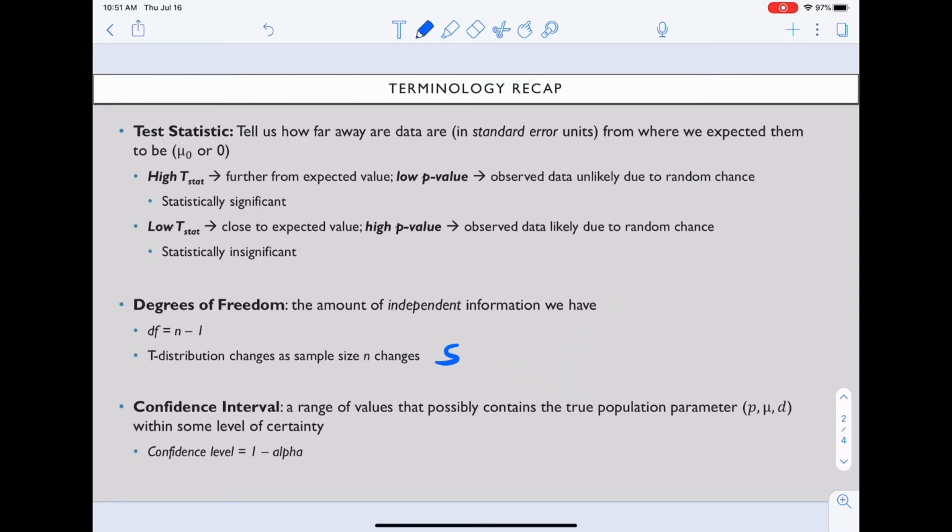Okay. And then lastly, the confidence interval here is just a range of values that we're able to calculate that may contain the true population parameter. Okay, a little fancy statistical term here just for what we've been doing, right? It could be a proportion, it could be a mean, it could be a difference in means. It could be anything. We can make a confidence interval for literally anything.